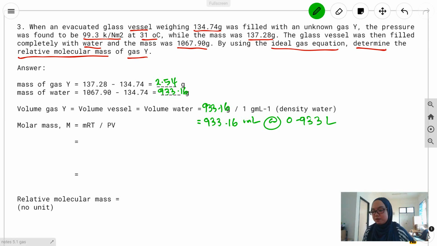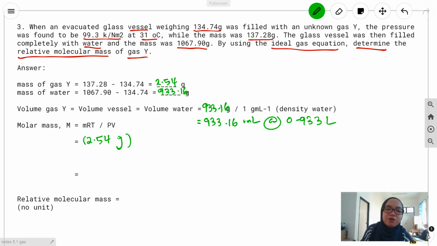Okay. So now we can find the molar mass. How? We can just substitute all the information that we have into the formula. The mass of gas Y is 2.54 gram. R, which R do we want to use?